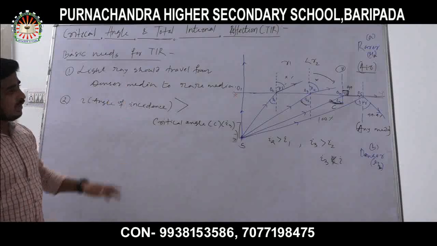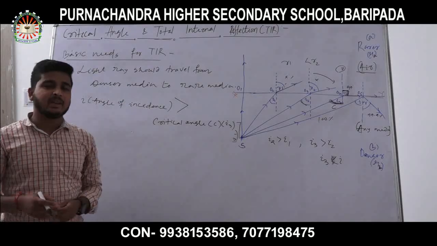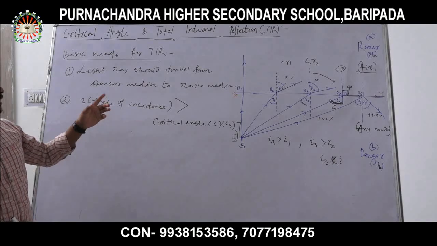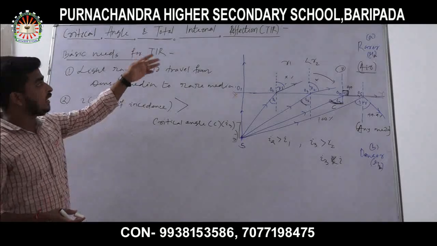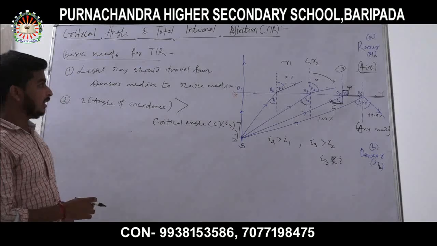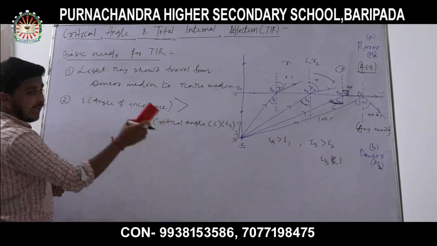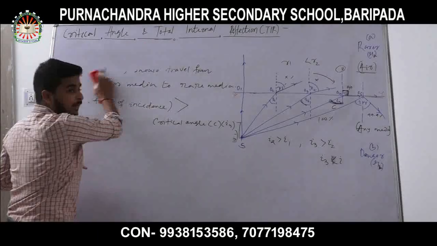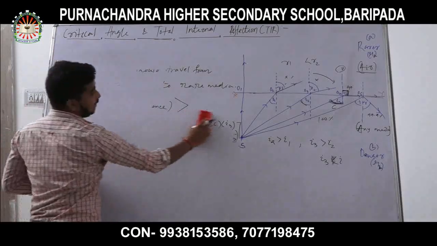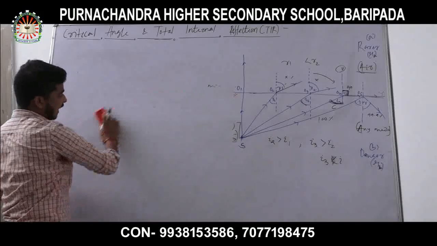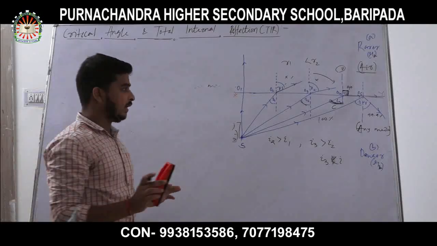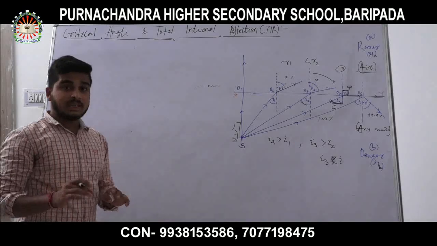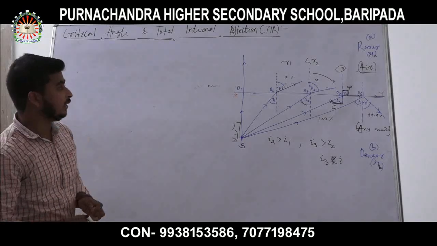In our nature there are many natural phenomena that I can give as examples of TIR. Let's understand TIR with a small example. The basic conditions of TIR are that light should travel from a denser to a rarer medium and should be incident at more than the critical angle.